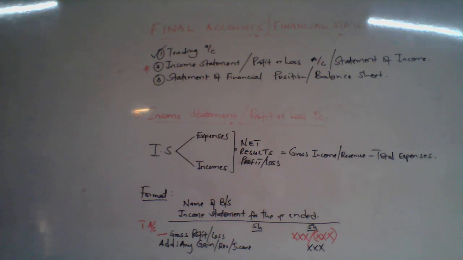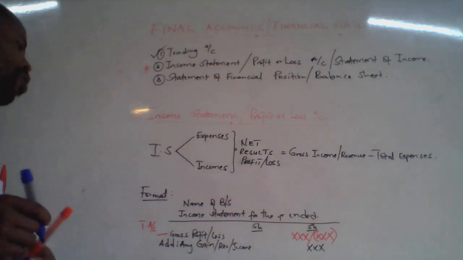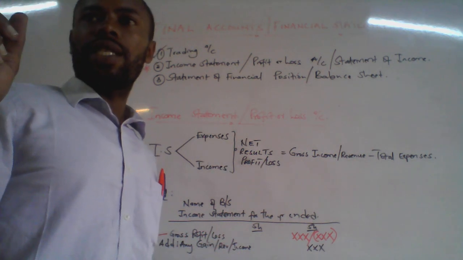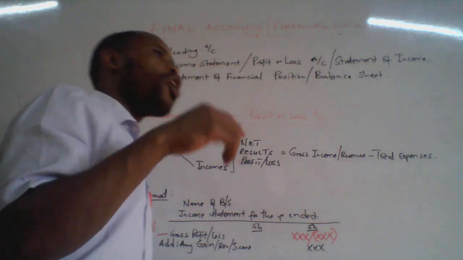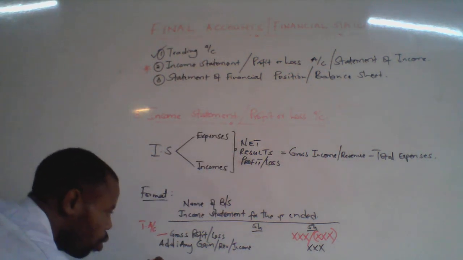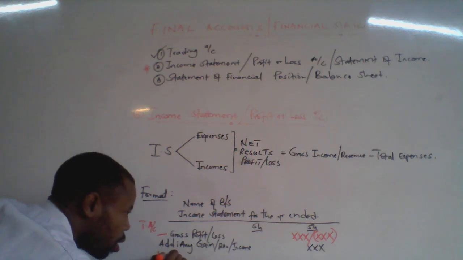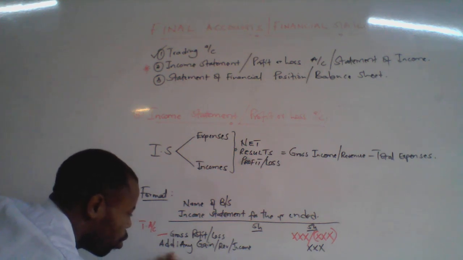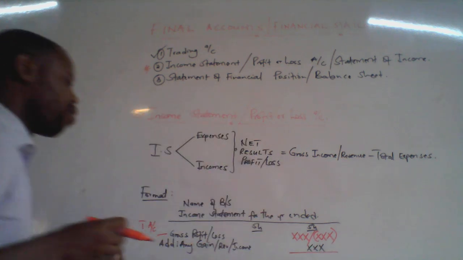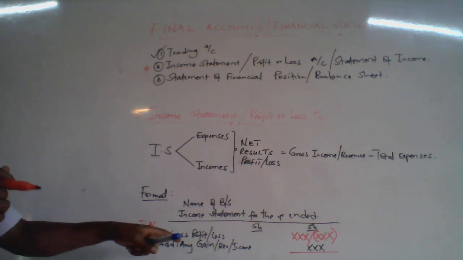After adding the gain or revenue, you are supposed now to less all expenses. Before you less, get the total of the profit or loss plus the gain.